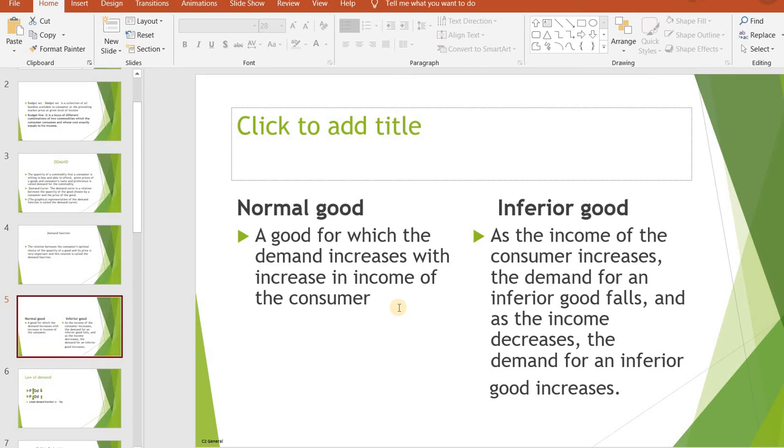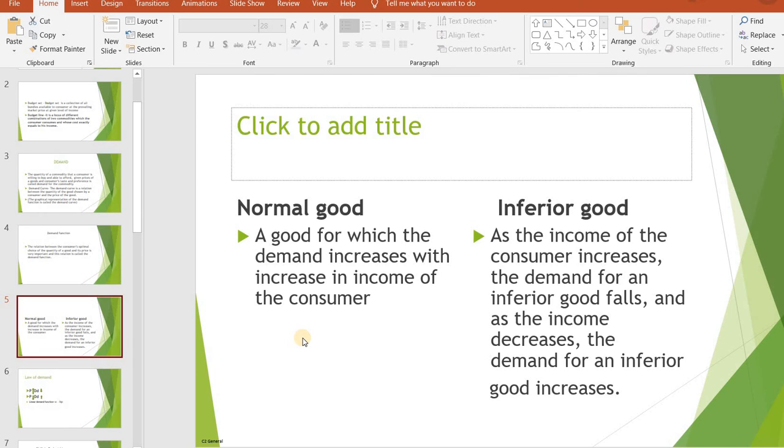That one is inferior goods. Means for that consumer, that good is inferior. He is telling that one is cheap, I don't want to buy that cheap product, I will buy quality product, or I will buy from malls or from shops. That one is inferior goods.